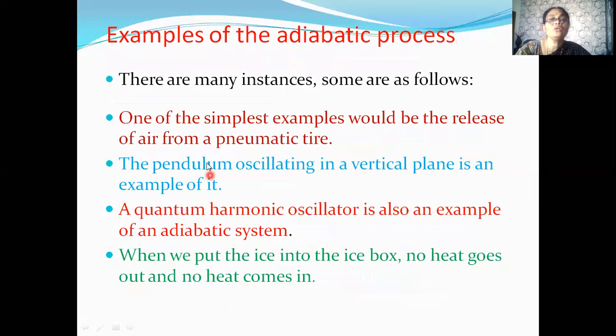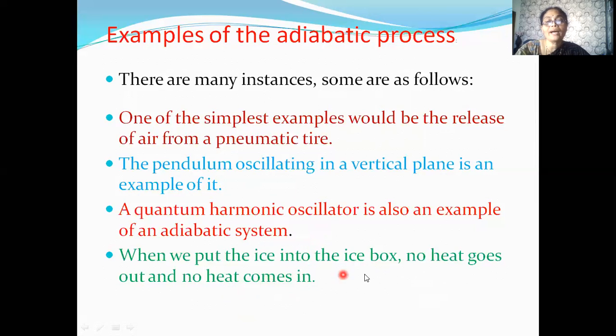Now let's have a look at some examples of adiabatic processes. One of the simplest examples would be the release of air from a pneumatic tire. The next example is a pendulum oscillating in a vertical plane, and a quantum harmonic oscillator is also an example of an adiabatic system.